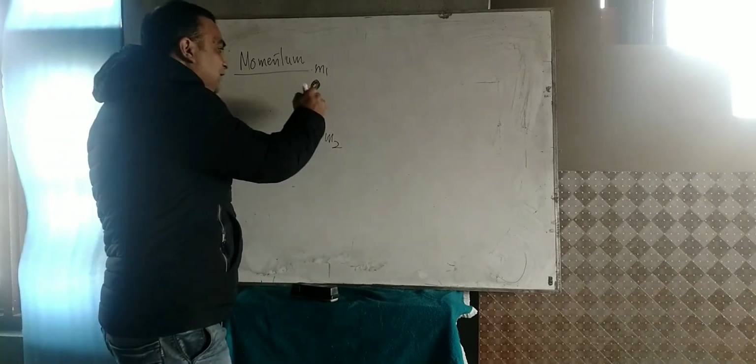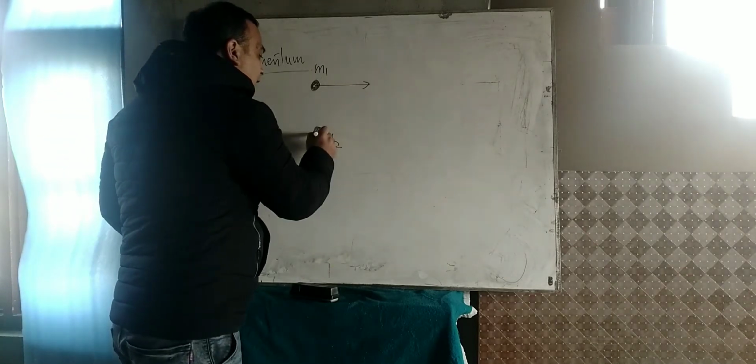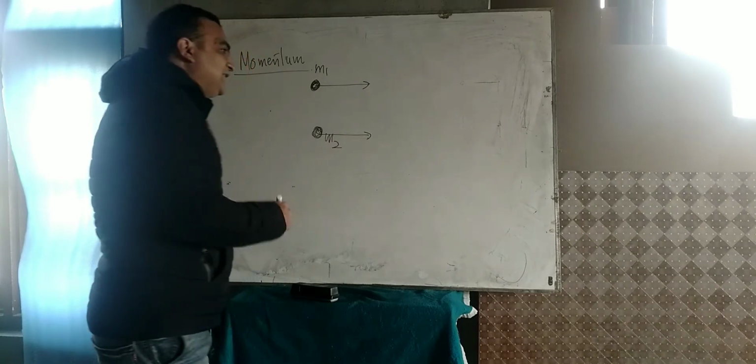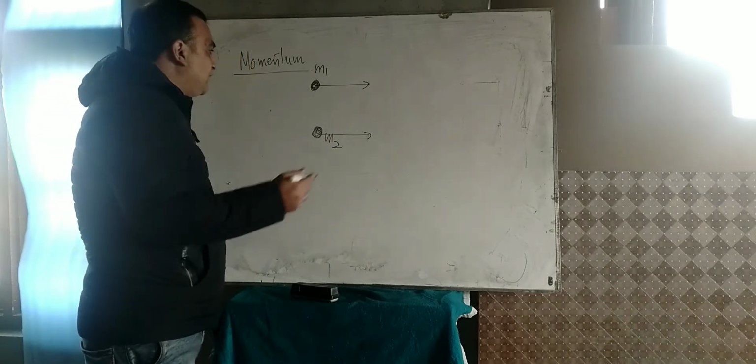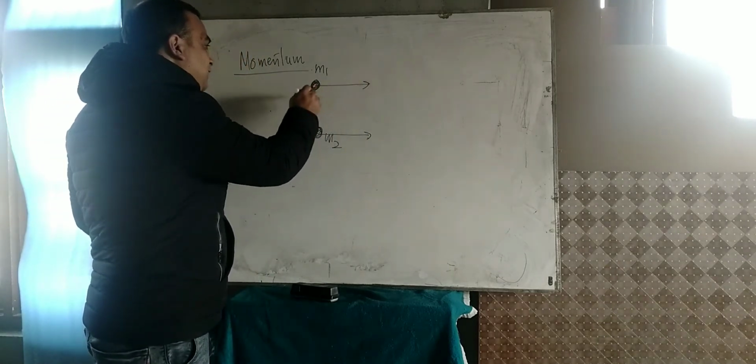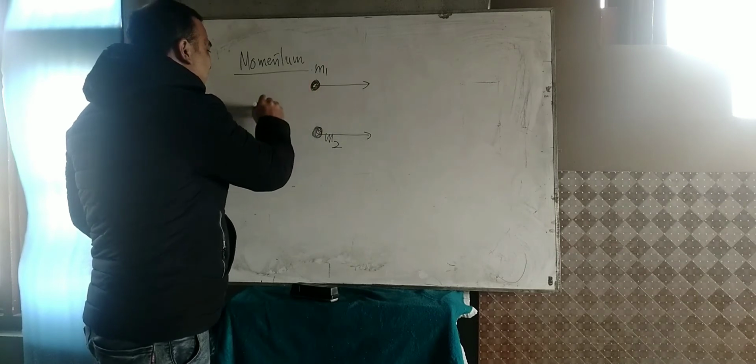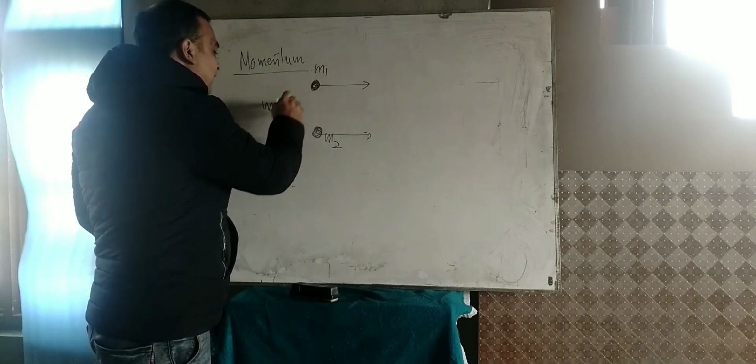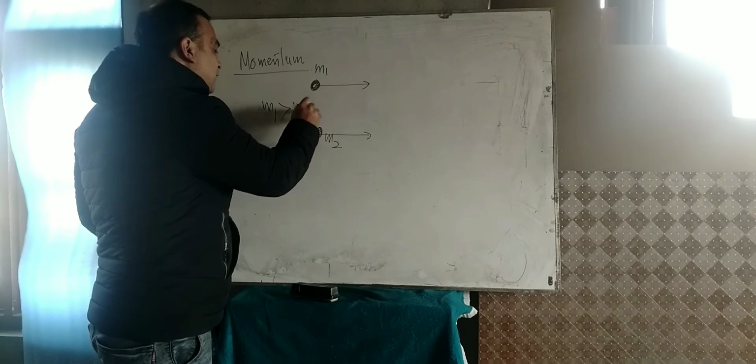Both of these balls are moving with the same speed or velocity in the same direction, but m1, the mass of the first ball, is greater than the mass of the second ball.